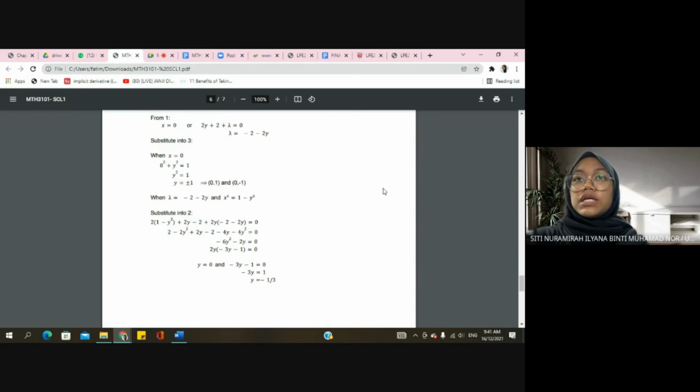Next we substitute the value of λ, which is -2 - 2y, and x² = 1 - y². Then substitute both values into the second equation, which is 2(1 - y²) + 2y - 2 + 2y(-2 - 2y) = 0. After simplifying the equation, we get the values of y, which are y = 0 and y = -1/3.